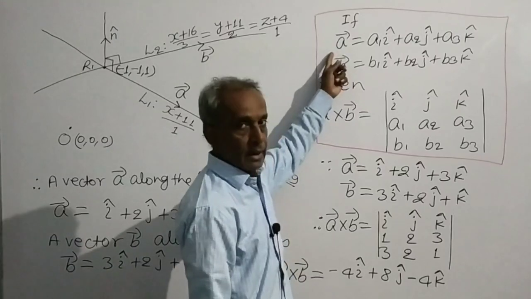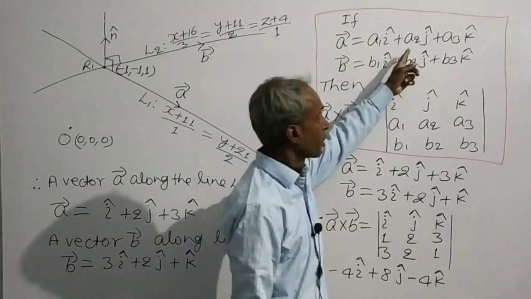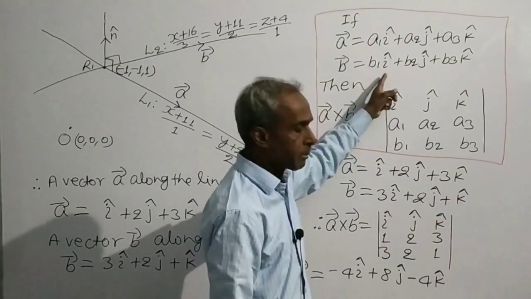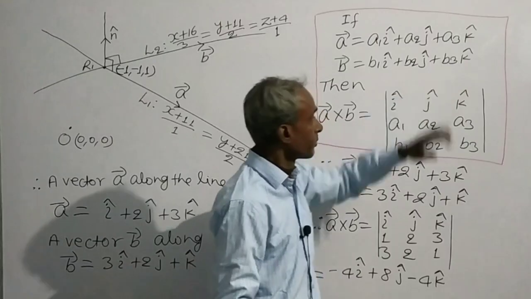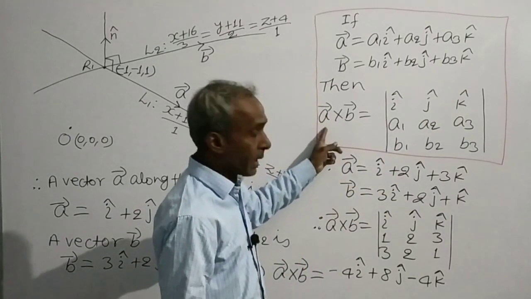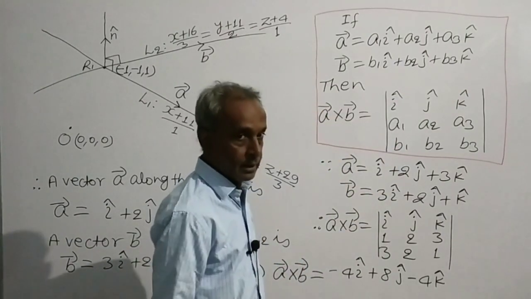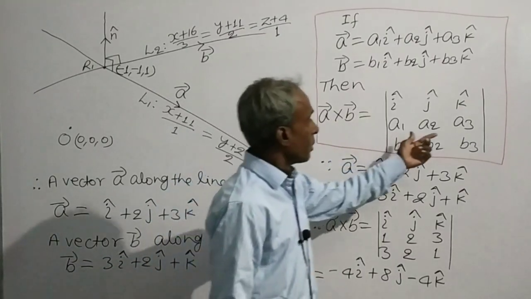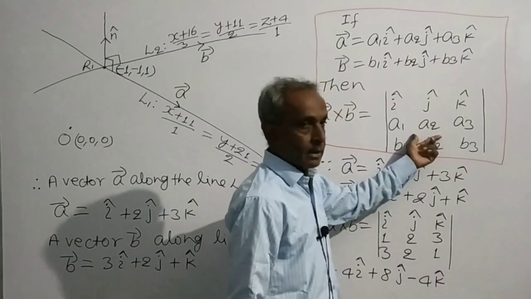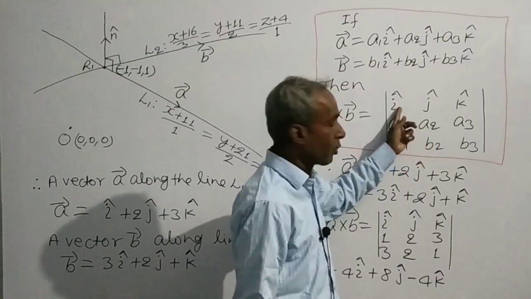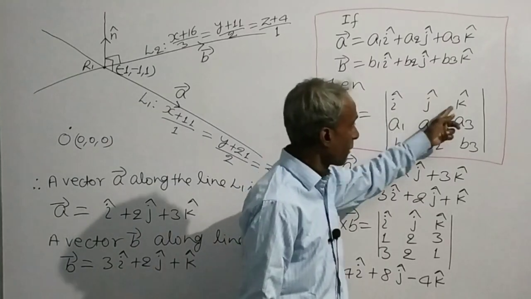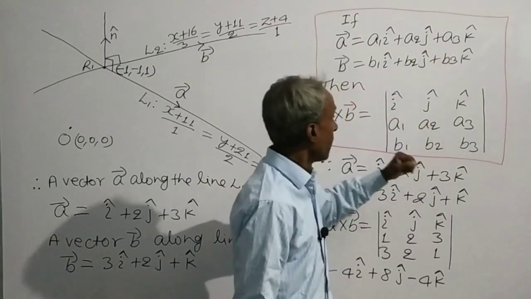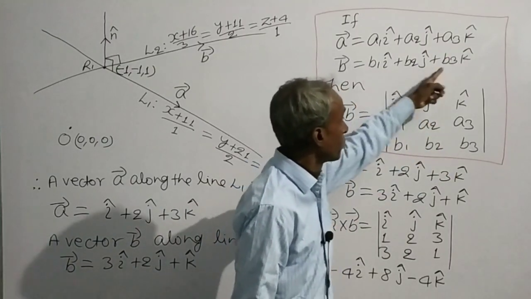If vector A and vector B are given in terms of i j k, then vector A cross vector B will be equal to this determinant. In this determinant, the first row is i cap, j cap, k cap, the second row is A1, A2, A3, and the third row is B1, B2, B3.